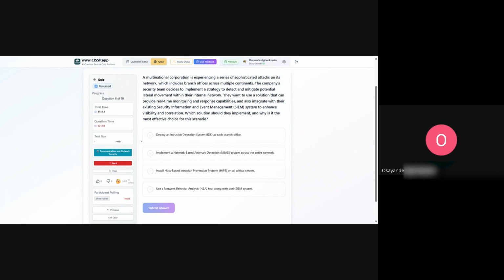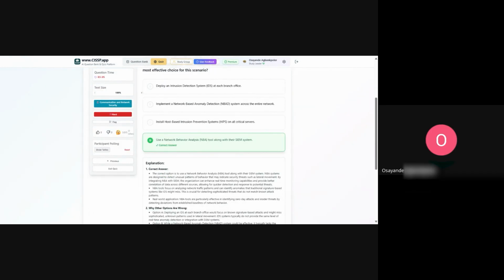Yeah, for this one, we're having more answers coming for D, network behavior analysis. Okay, so should I go with D then? Sure. Yeah, sure. Correct. But my reservation about that is that network behavioral analysis is actually a capability of a good SIEM system like Splunk.